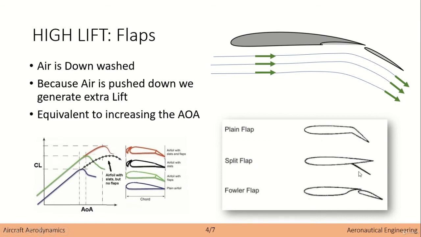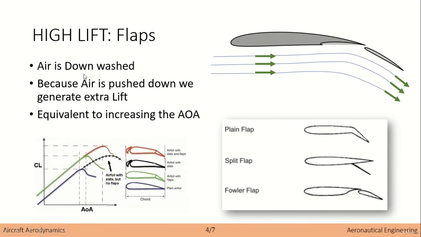Split flaps, which is an element moving like this, and Fowler flaps, which are the most common, a kind of little wing, a surface which moves from this point to the back. So what happens with flaps is simply that.